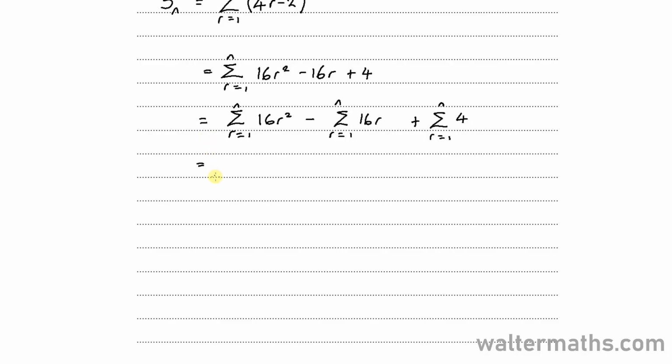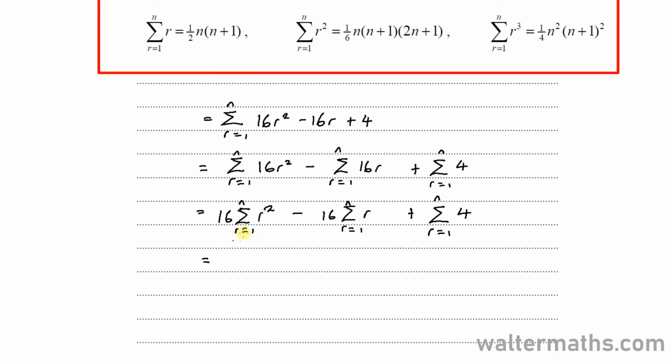So we can also factor out 16 here, so 16 of the summation from r is equal to 1 up to n of r squared, minus 16 of the summation from r is equal to 1 up to n of r, plus the summation from r is equal to 1 up to n of 4.